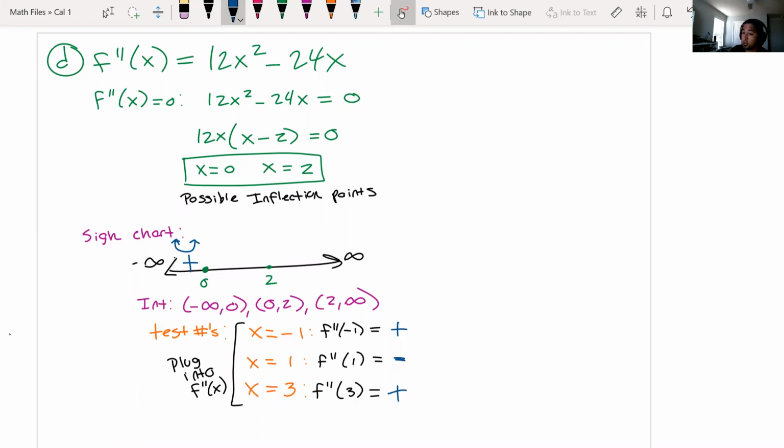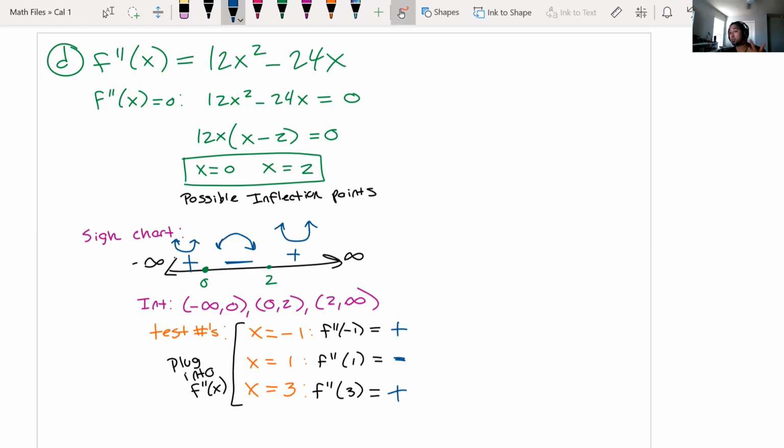From 0 to 2, we are negative, which means the function will be concave down. And then last, we are positive, which means we will be concave up. So there's our sign chart for the second derivative.